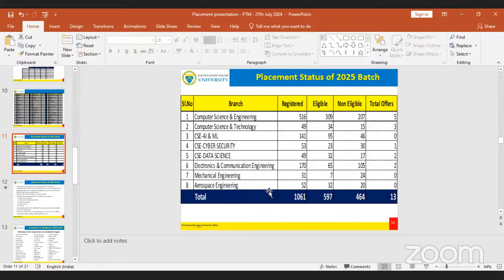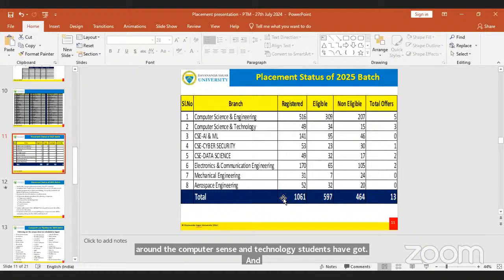Yes, sir. Okay, so this is the present status of 2025. Already 13 students have been placed in campus placements in the July month, as well as in the 5th semester. Computer science students are already there, and around computer science and technology, 3 students have got placed. This is the present data.